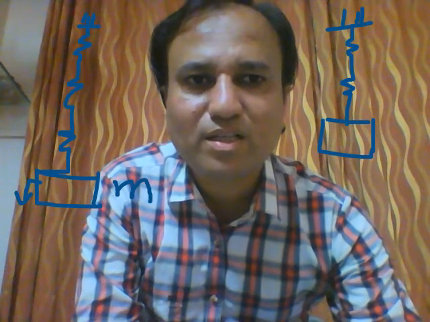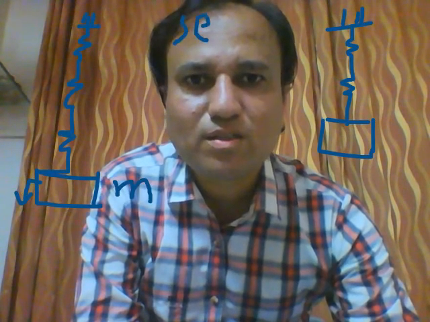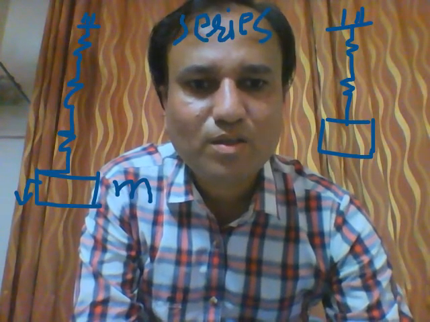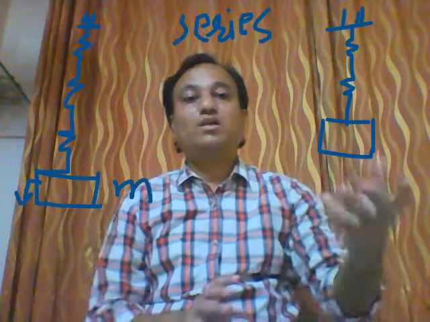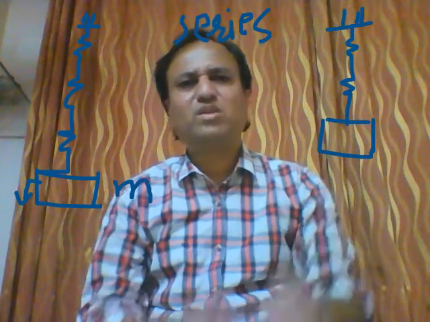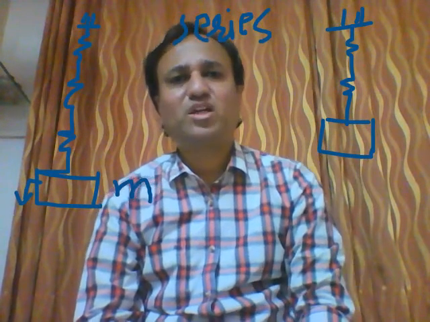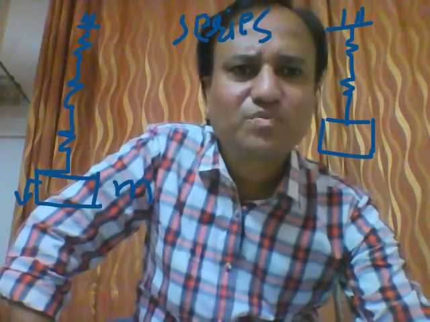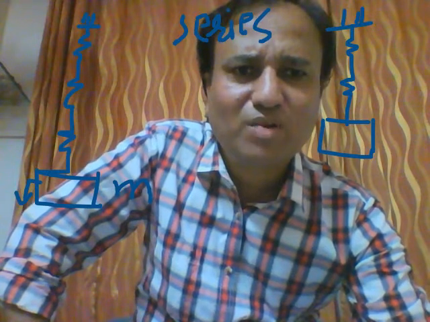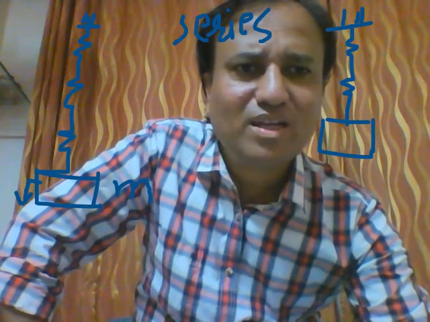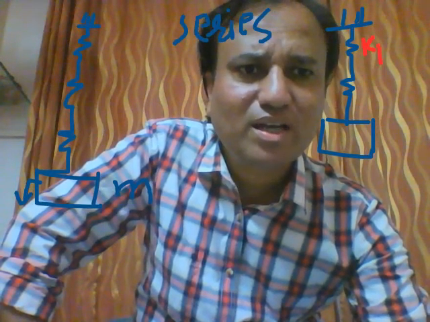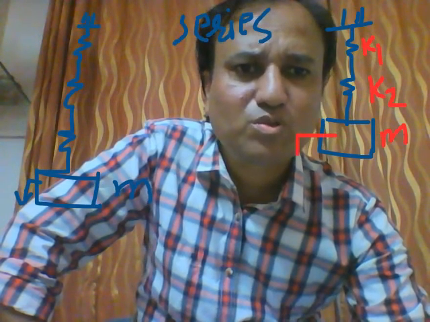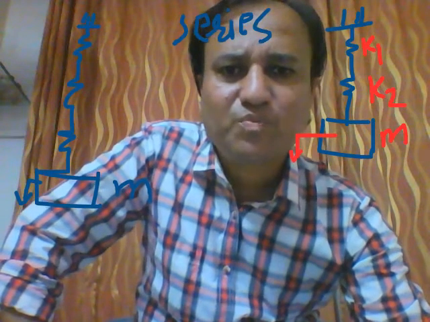So this is springs in series, series combination. We need the calculation of equivalent spring stiffness. We will not do the analysis for each individual spring, and individual spring force we will not calculate. If you calculate the equivalent stiffness, let spring number 1 have stiffness K1 and spring number 2 have stiffness K2. So two springs in series. So the equivalent stiffness.